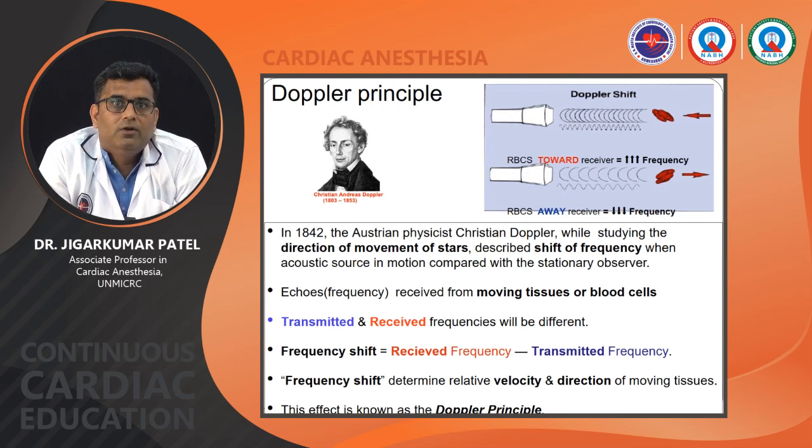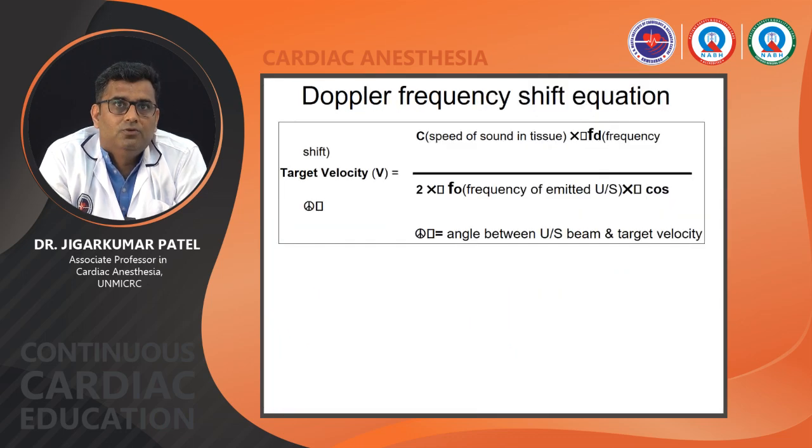So you can calculate the frequency shift by subtracting the transmitted frequency from the receiving frequency. This frequency shift determines the relative velocity and direction of moving tissue, and it's known as the Doppler principle. So you can calculate the Doppler shift by this equation. Here the important thing is cos theta. It is the angle between the ultrasound beam and target velocity.